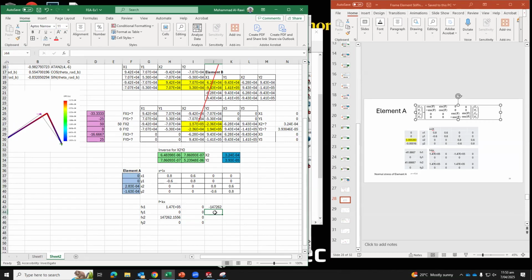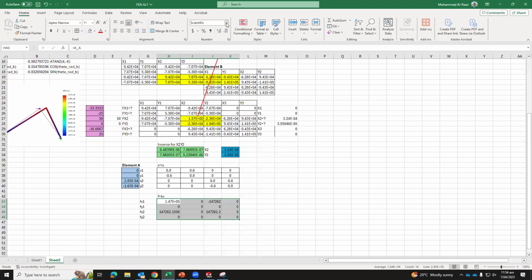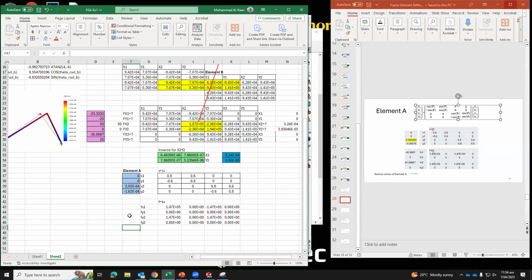Enter. And then this one is 0, and this one is just Ka. And this one is 0, 0, 0, 0, 0. Okay, I'll change that to scientific to make sure. Oh, they're all scientific. Okay, that's better.